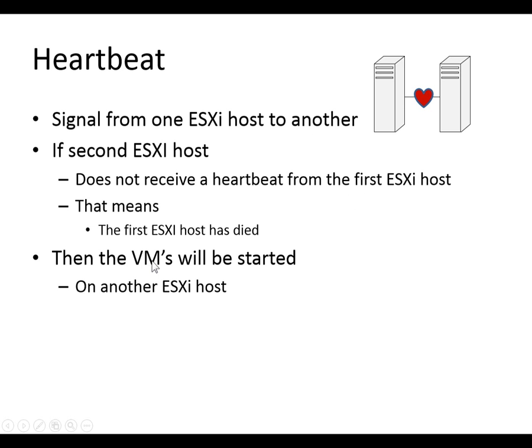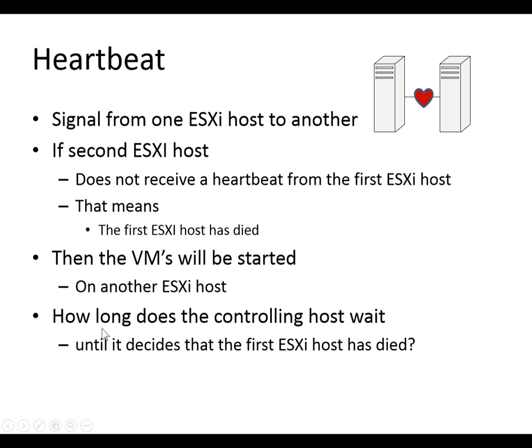So then the virtual machines will be started on another ESXi host. The question is, how long does the controlling host wait if it hasn't received any heartbeats, until it decides that the first ESXi host has died.